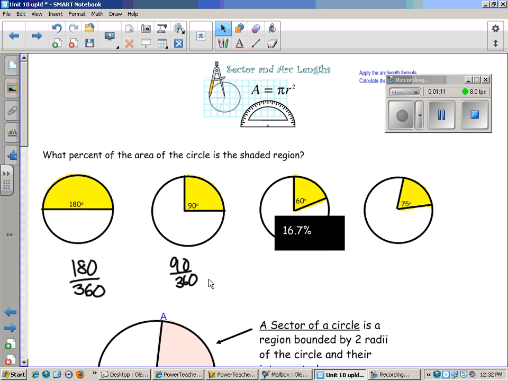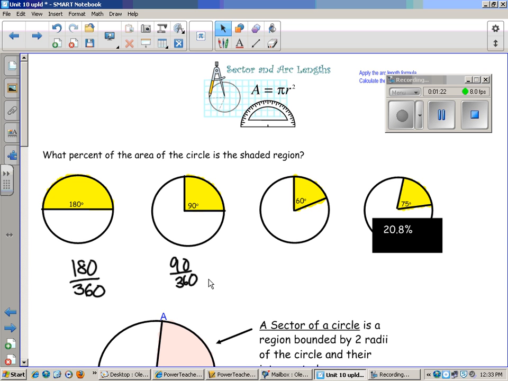Okay. And 75 degrees is what percent? 20.8, right?